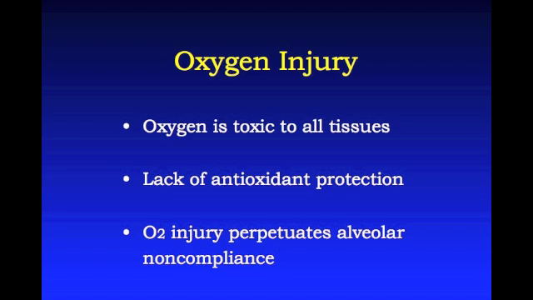And what oxygen injury does is perpetuate alveolar noncompliance and lead to using more and more pressure or volume delivered from the ventilator, which then predisposes the patient to further injury. That type of injury releases cytokines, which also perpetuate the injury for the baby. And so a lot of people today like the term biotrauma.